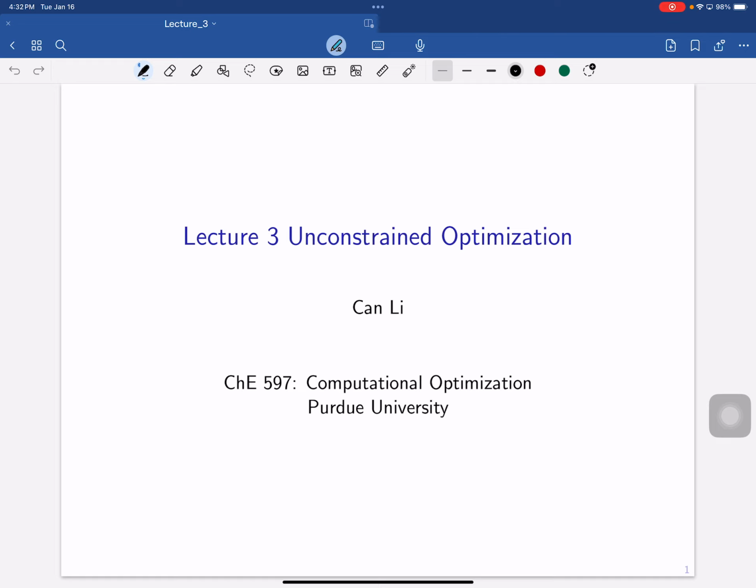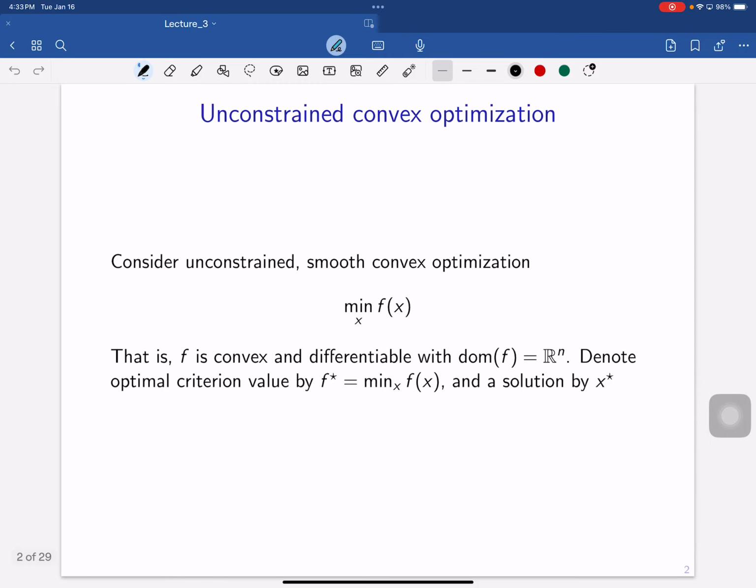Okay, so in this lecture, we are going to talk about perhaps the simplest form of optimization problem. A lot of concepts in this lecture have probably been taught in your freshman calculus class. So here we are dealing with an unconstrained smooth convex problem. You have a function f of x you are trying to optimize, and x is a real vector, right?